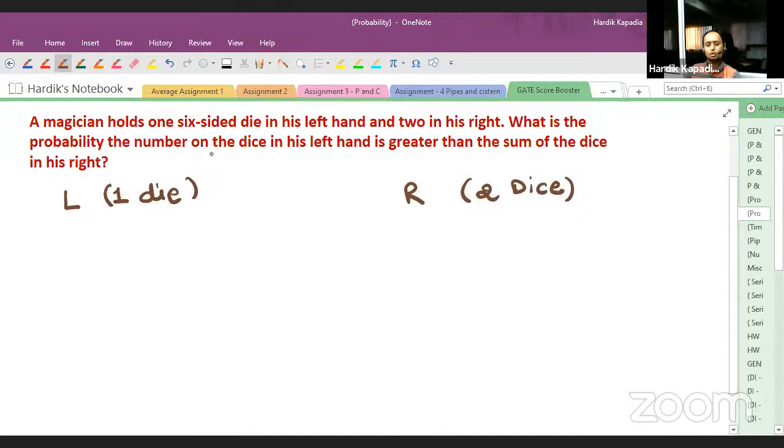The number on the die in his left hand is greater than the sum of the dice in his right hand.